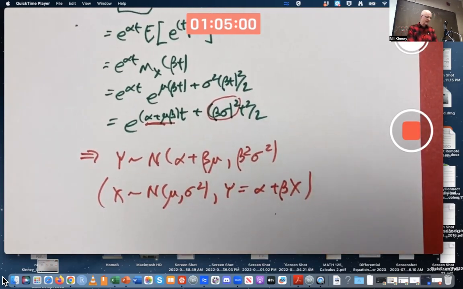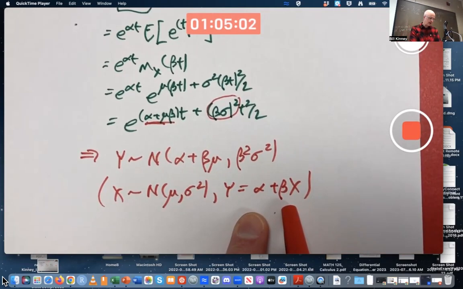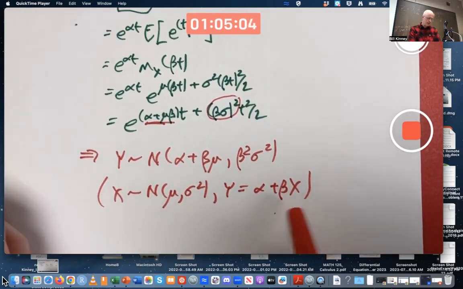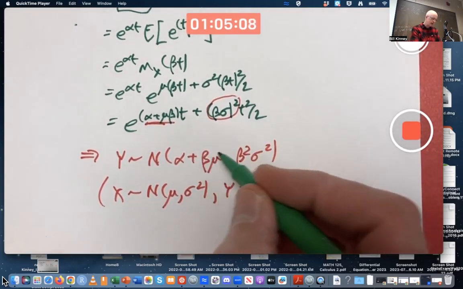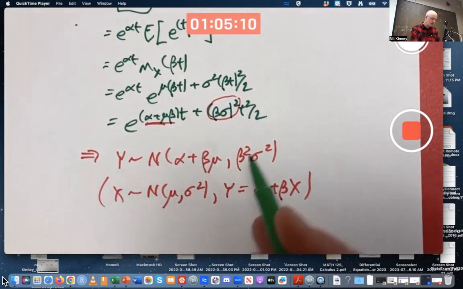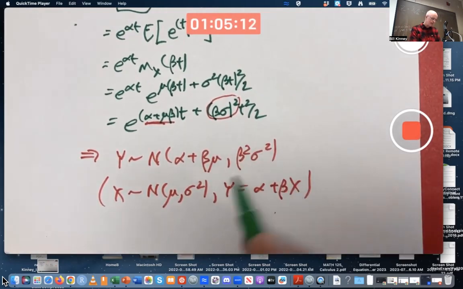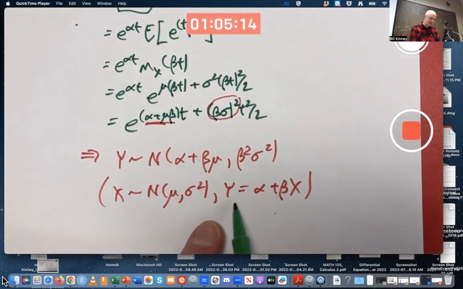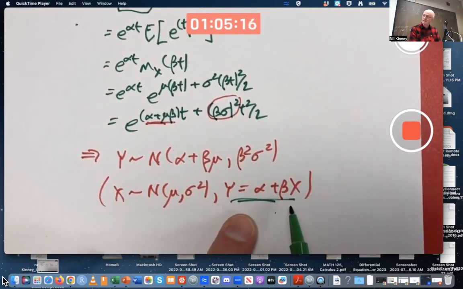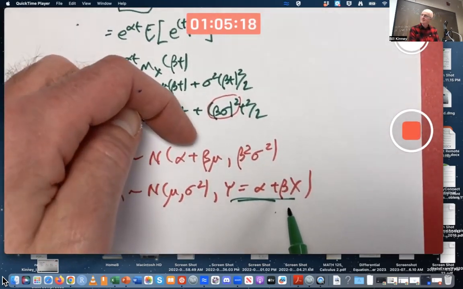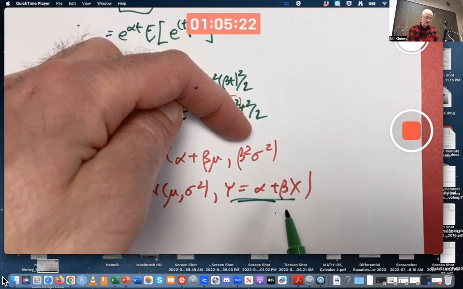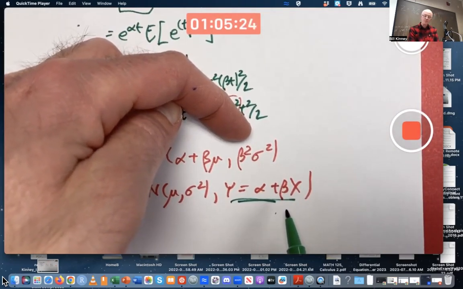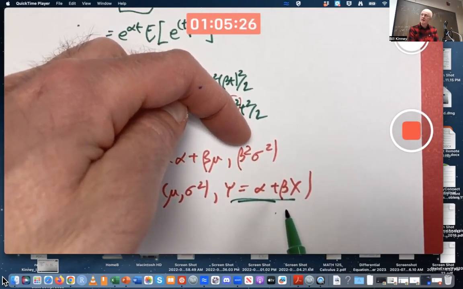So when y is a linear function of a normal random variable like this, y is also normal with mean equal to alpha plus beta mu. It's effectively using the same equation and replacing x with its mean to get this mean. And variance equal to beta squared times the variance of x.